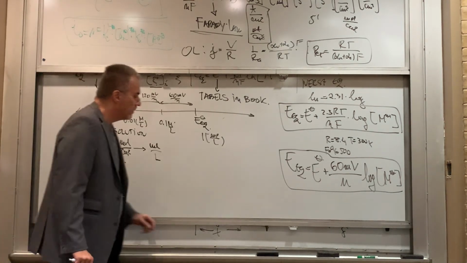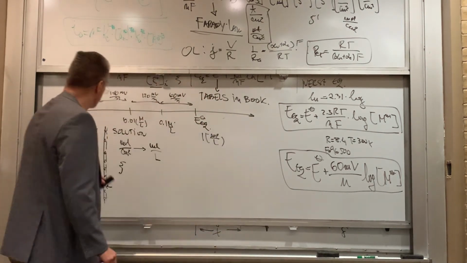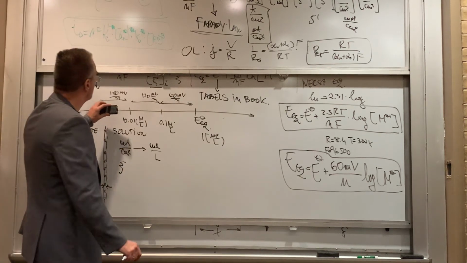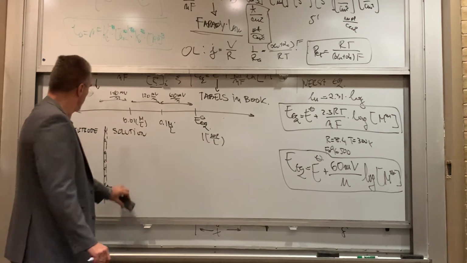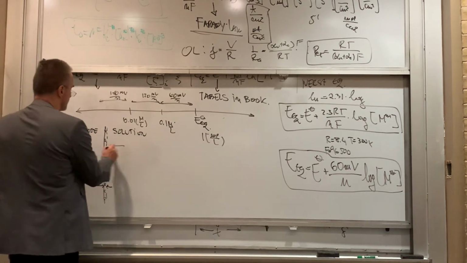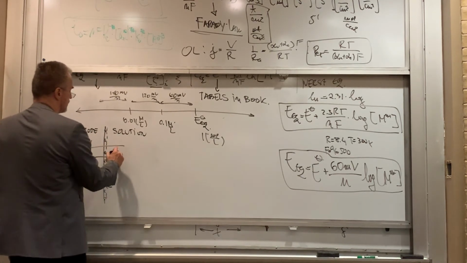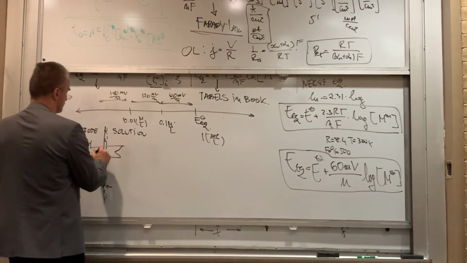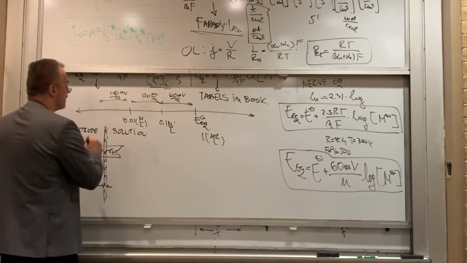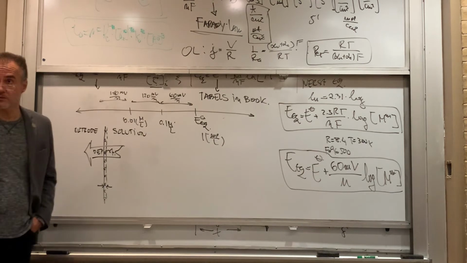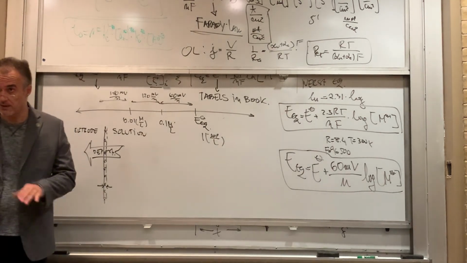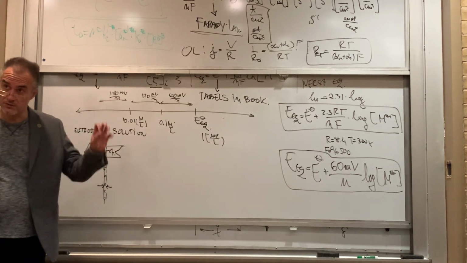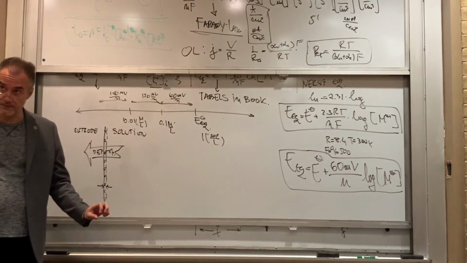Now, in this situation, when I start having deposition, so net flow is this, what happens with my equilibrium potential? Because at that surface, suddenly, concentrations drop, right?